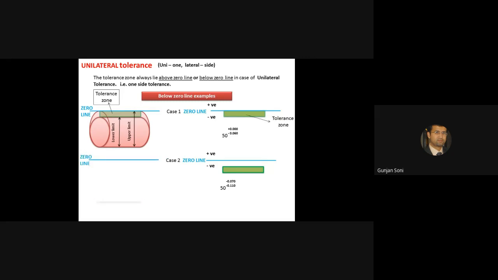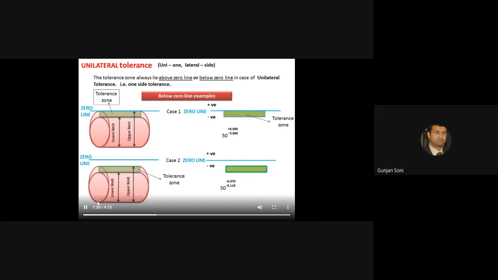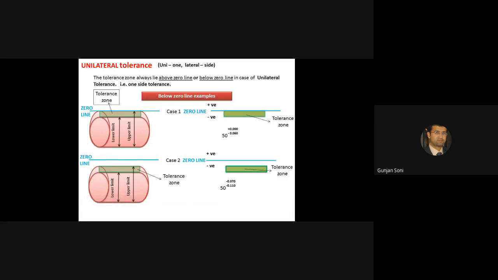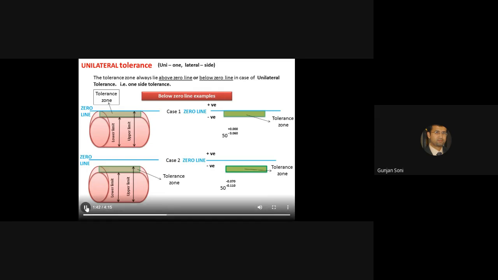Now case 2, zero line, this is lower limit, upper limit, tolerance zone. Again you can see tolerance zone is below zero line and in this case not touching the zero line. In case 1 for basic size 50, upper deviation is 0, and lower deviation is minus 0.060.